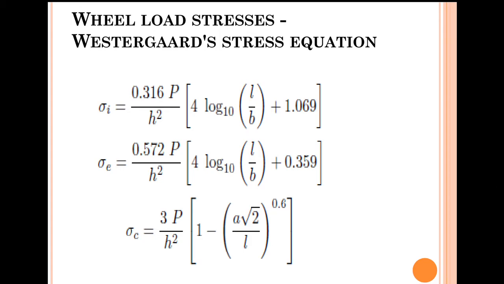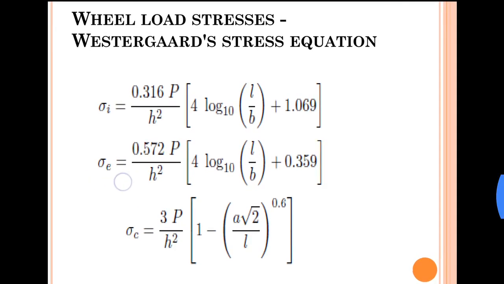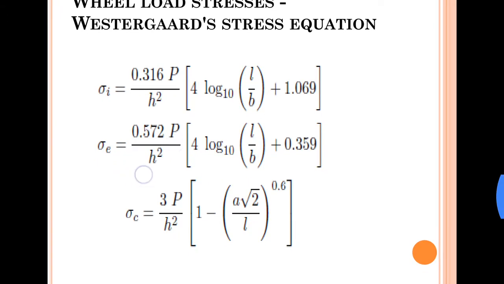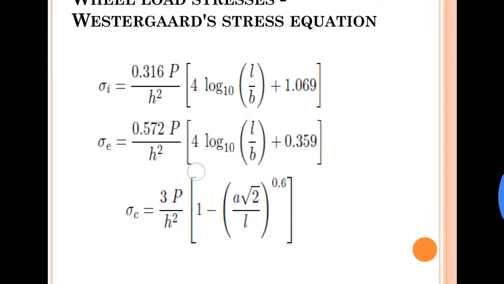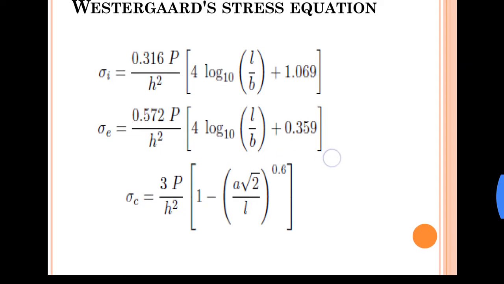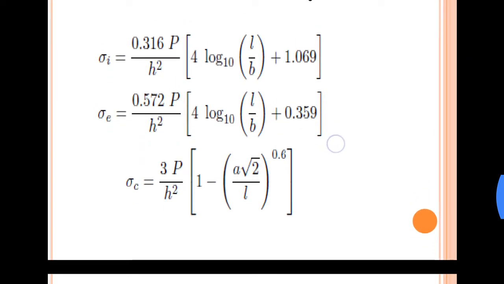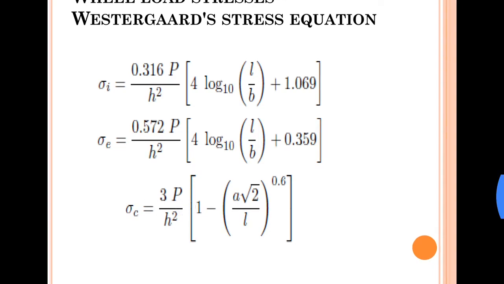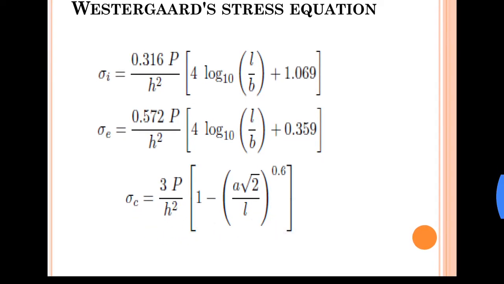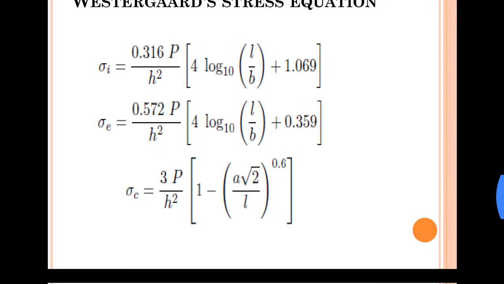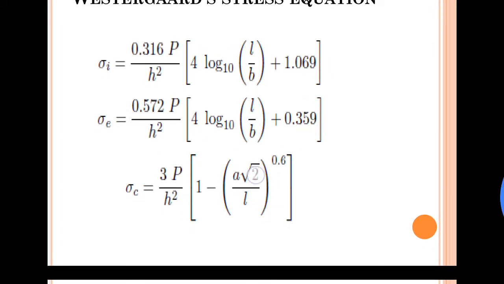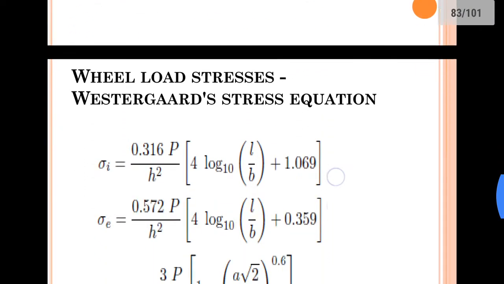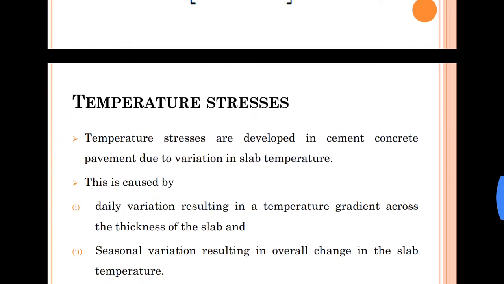Then sigma E, that is the stress at the edge, is 0.572 P divided by h square into 4 log 10 L by b plus 0.359. Then the corner stress is 3P by h square into 1 minus (a root 2 divided by L) whole raised to 0.6. So these are the three different equations that have been given by Westergaard.